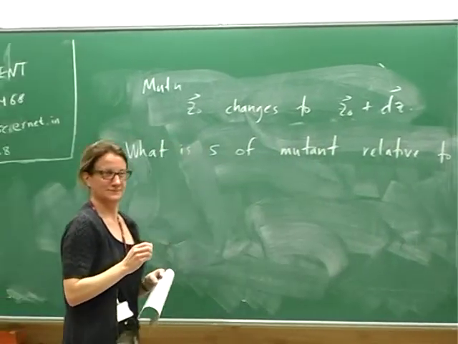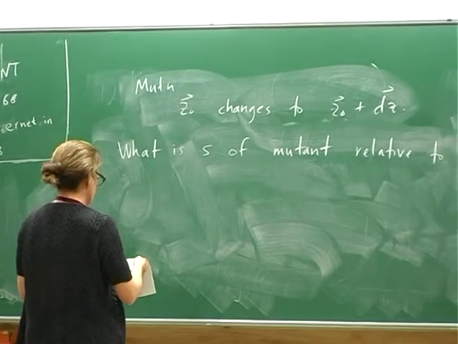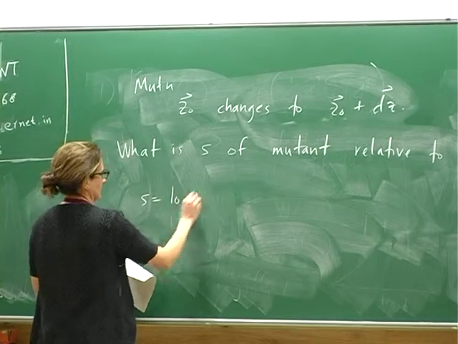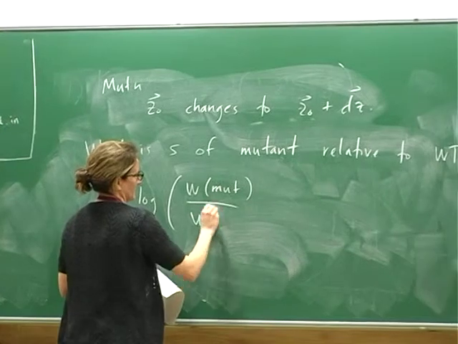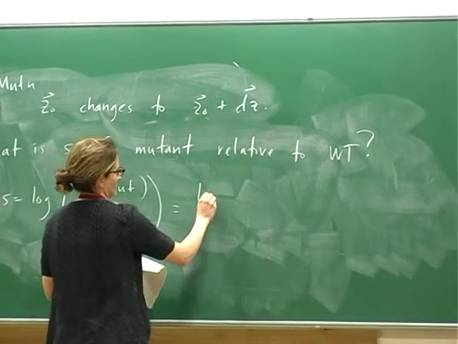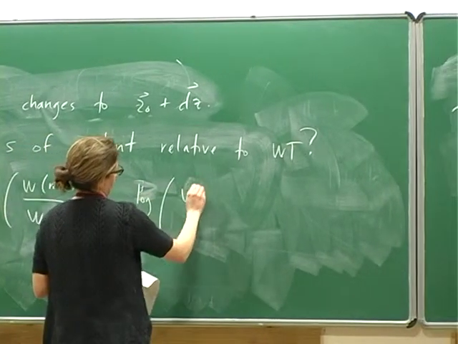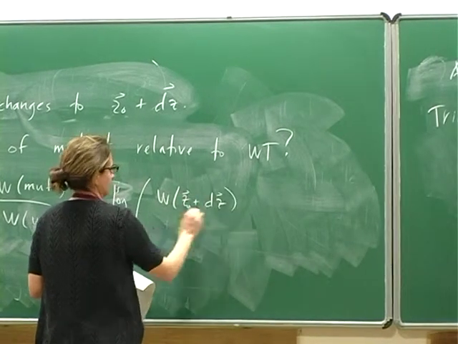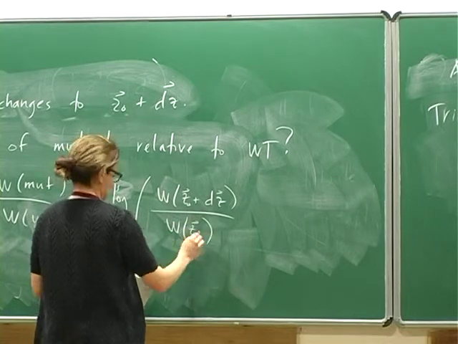So S is the log of the fitness of the mutant relative to the fitness of the wild type, log of Z0 plus DZ over Z0. The wild type is Z0.